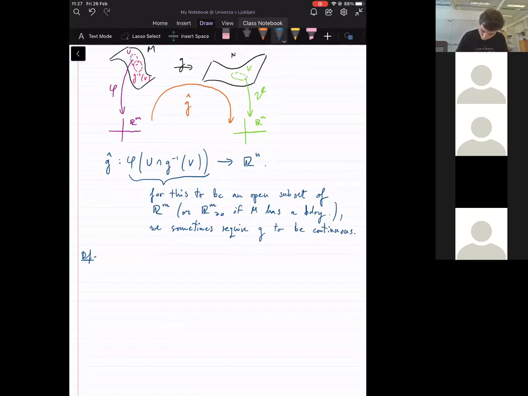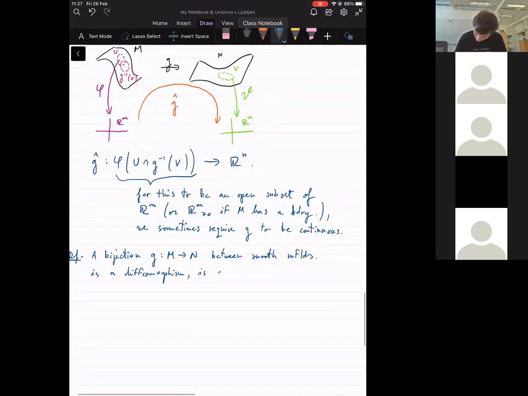So a bijection G from M into N between smooth manifolds is a diffeomorphism if G and G inverse are smooth.